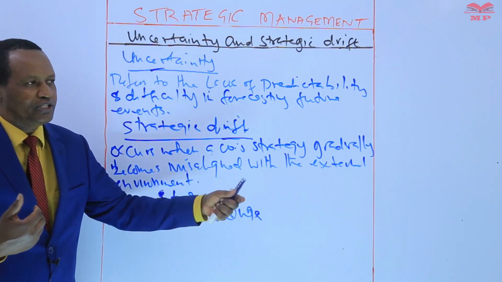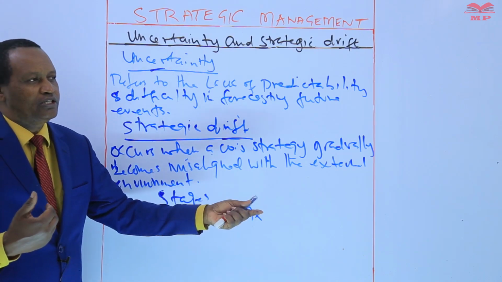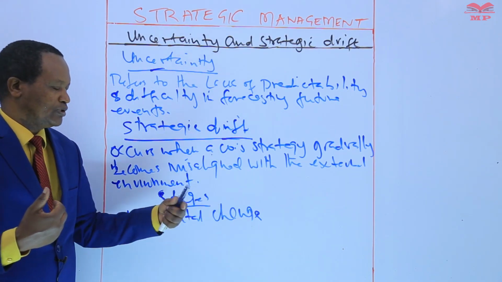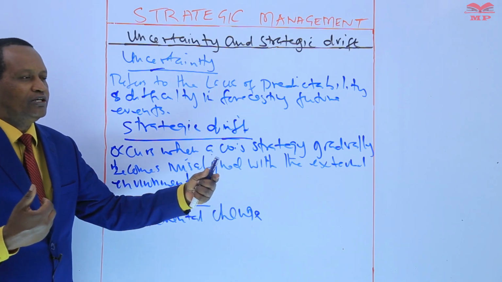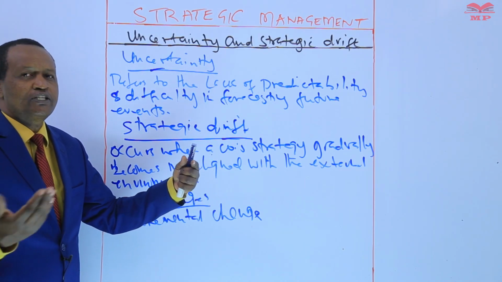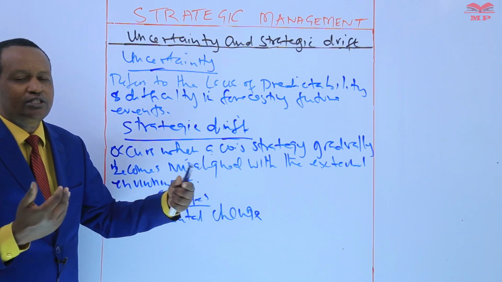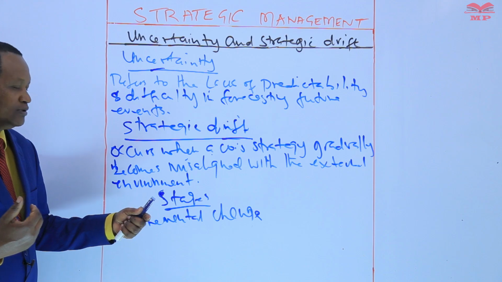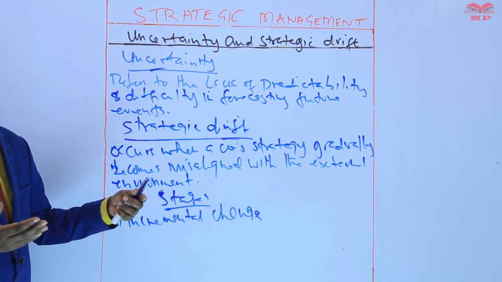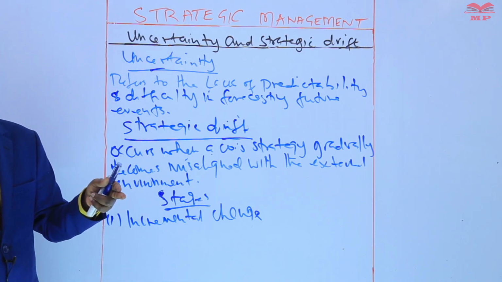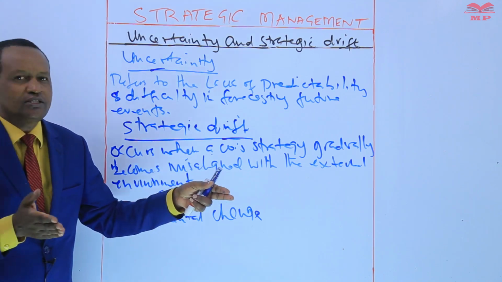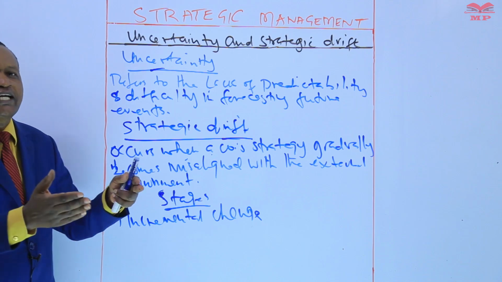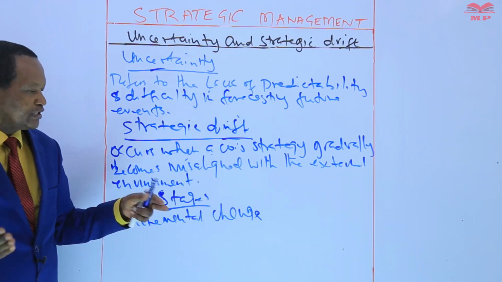Maybe there is change in the political environment, change in the economic environment, and the company does not catch up with the changes. So there is, say, 70% change, but the company is doing 20%. All right? Then the gap between the organization's strategy and the environmental changes widens because of this incremental change.